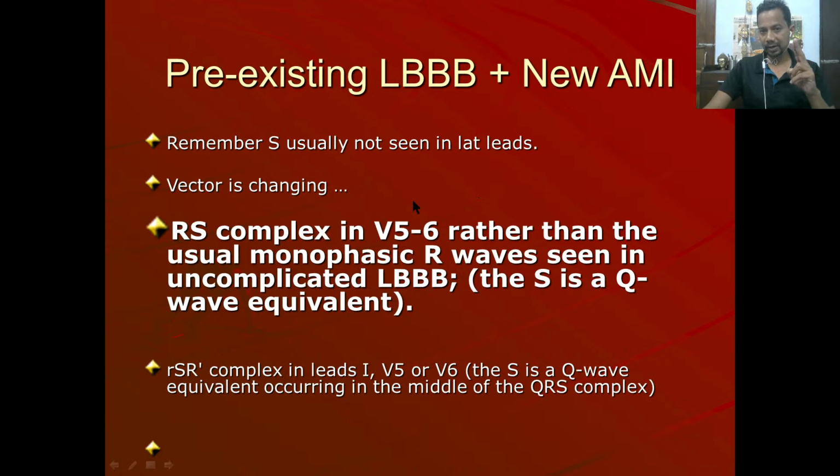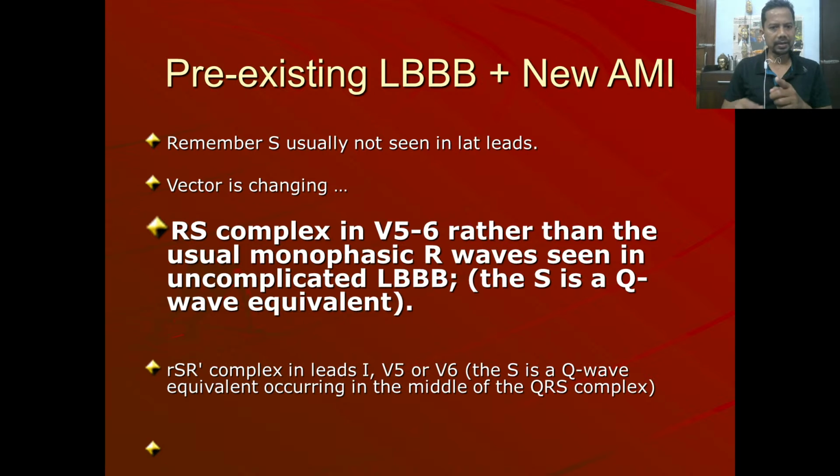There was a left bundle branch block, there is a left axis deviation, broad QRS, T is inverted, ST is depressed, and MI has occurred. So you are seeing an RS complex in V5, V6 rather than the normal broad R wave in V5, V6. So this S wave is the equivalent of a Q wave. Okay. Downslope of Q wave slurring, upstroke of Q wave slurring.